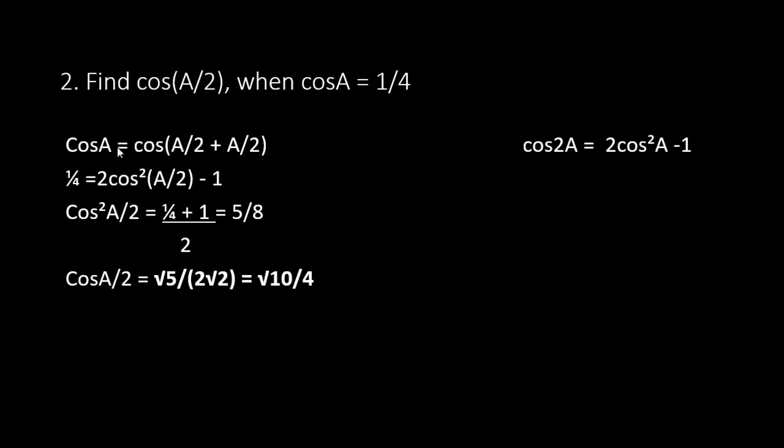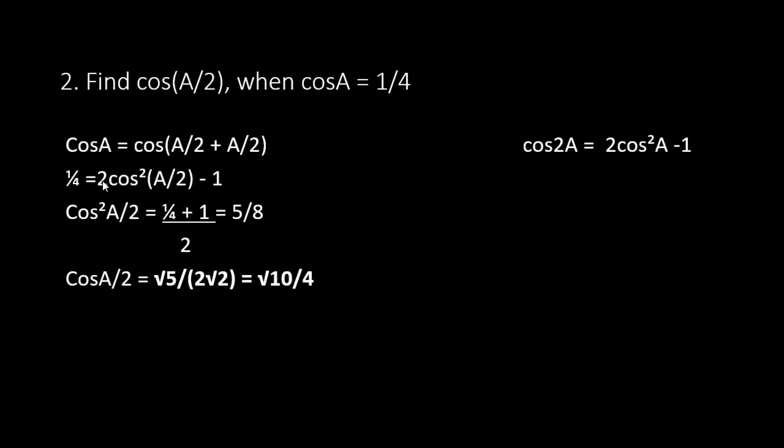And now, because cos A is a quarter, we can put this in. We're using this one again, because we only know cos, we don't know any sines. And we put it all in, except we change the A to A/2, because that's what we want. And then minus 1, obviously. Cos squared A/2.